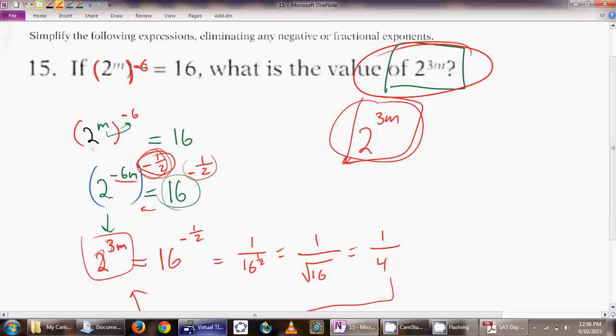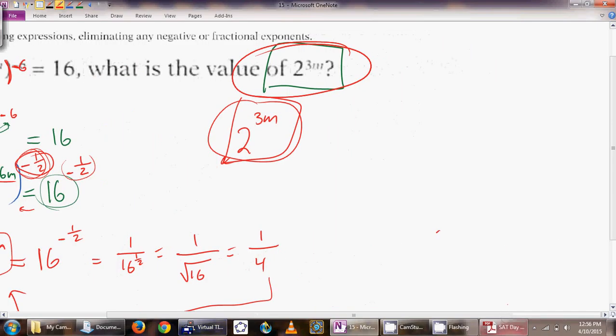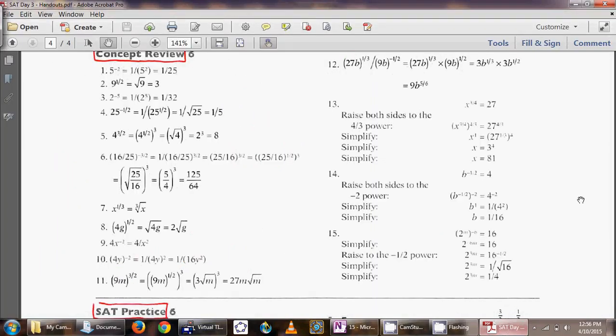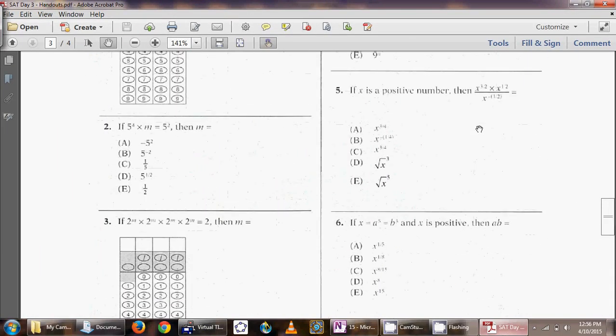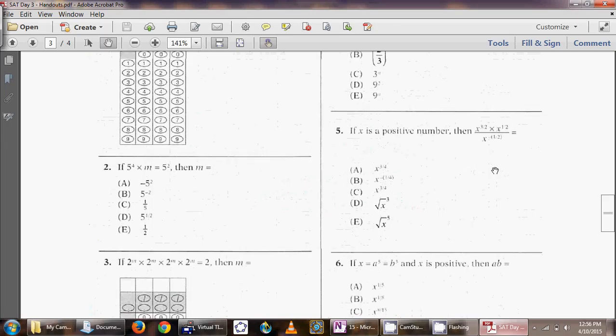And that culminates my lesson and concept review for this SAT prep. I'll post the solutions to the SAT practice problems. So if you have any questions on the lesson, any of the concept review problems, or any of the 6 problems to come, any of these problems here, make a note of it.